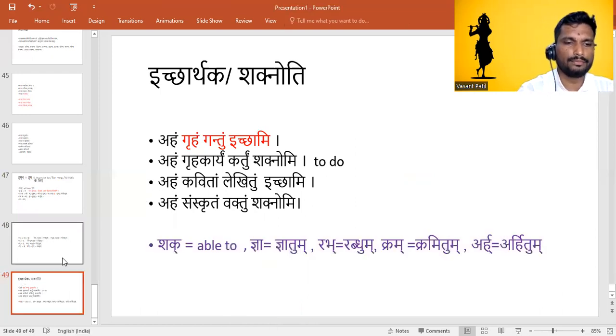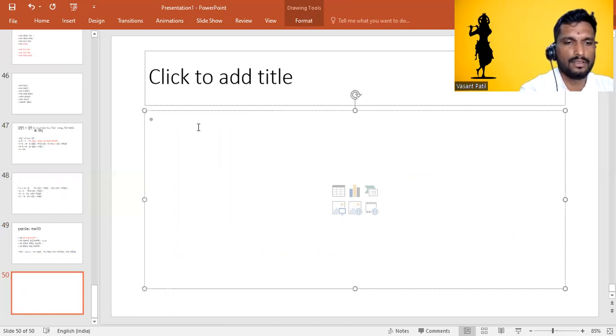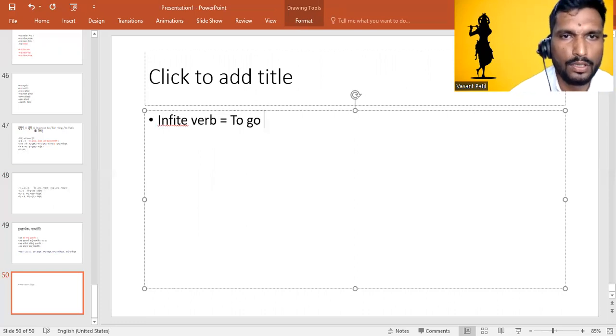Now, what is infinitive verb? This is actually an English concept, infinitive verb. So infinitive verb means we will use to and whichever verb form.